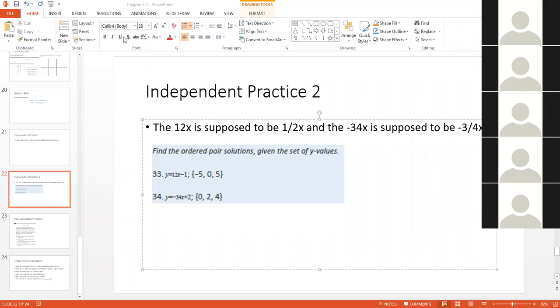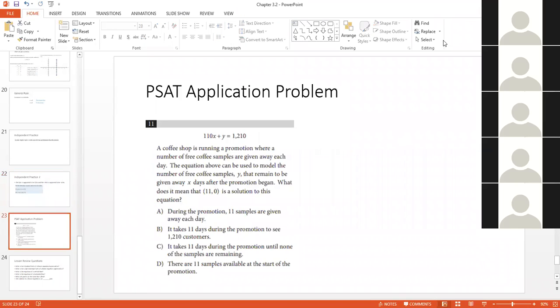So now we have a PSAT application problem. This is not so much graphing, but actually interpreting what the graph means. So here the question is, a coffee shop is running a promotion where a number of free coffee samples are given away each day.